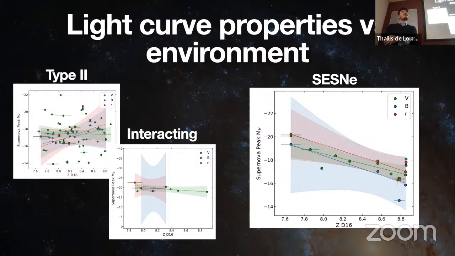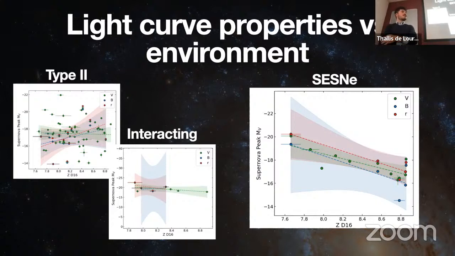Yeah, I don't have that plan, but I'm not sure if people have done that before. I'm not aware. If you let me answer: what you're looking at here is just that the brightest stripped-envelope supernovae happen in conditions with low metals.